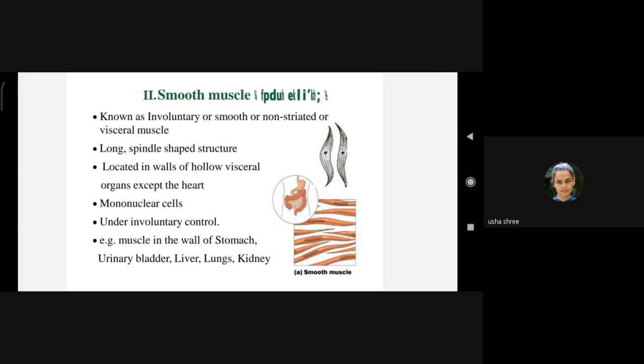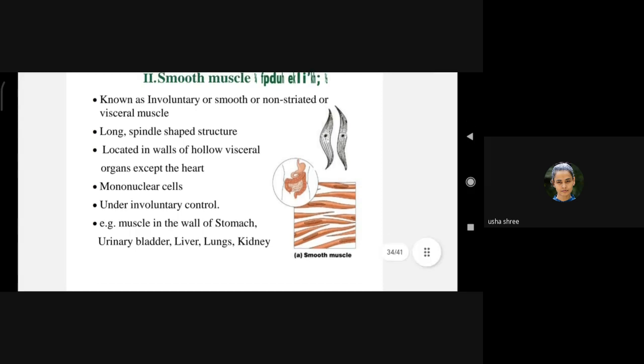Not only to the esophagus, it's throughout our digestive tract. So when we swallow food, the journey of the food from our mouth, esophagus, and throughout the digestive system is known as peristalsis movement.